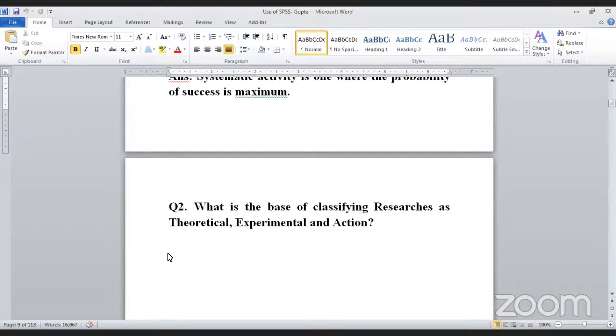Action research is about the problem. Wherever the problem is, you have to find out the solution of the problem, keeping in mind that situation, and use the solution only there. Say if I have a fever, then the doctor will give me medicine keeping in mind my different characteristics.